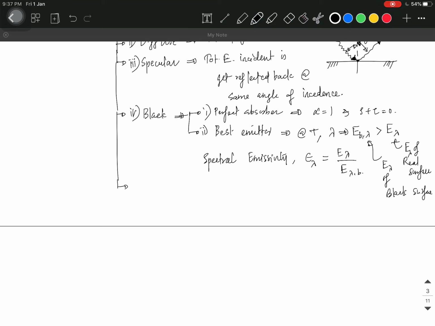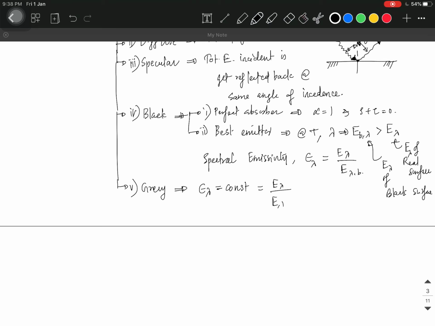So depending upon the value of E lambda by E lambda b, that is the spectral emissivity, we can classify our surfaces or bodies into another classification, which is the gray surface or gray body. This has the epsilon lambda value constant, whichever type of body it is or at any temperature.